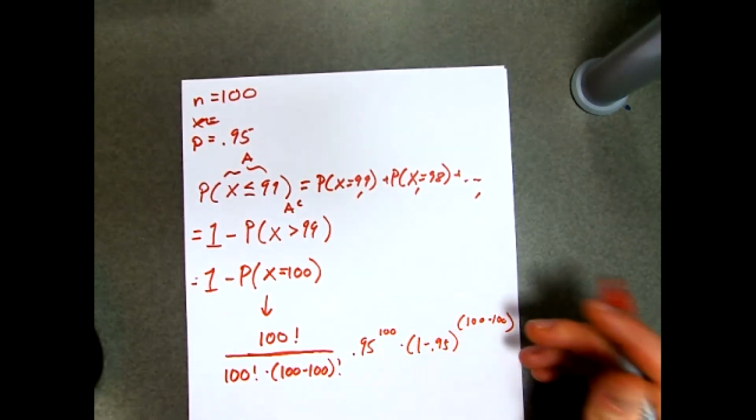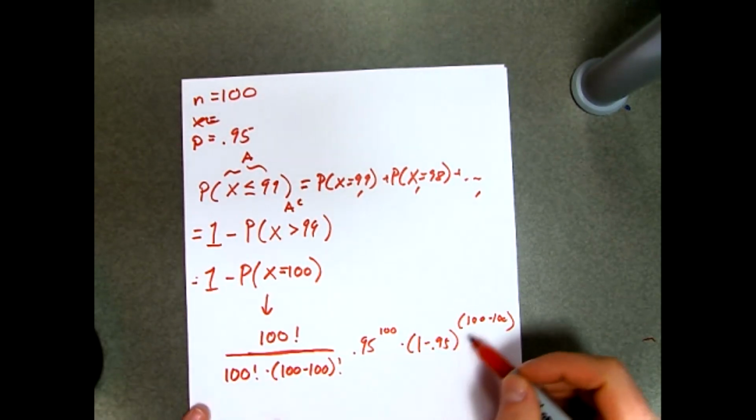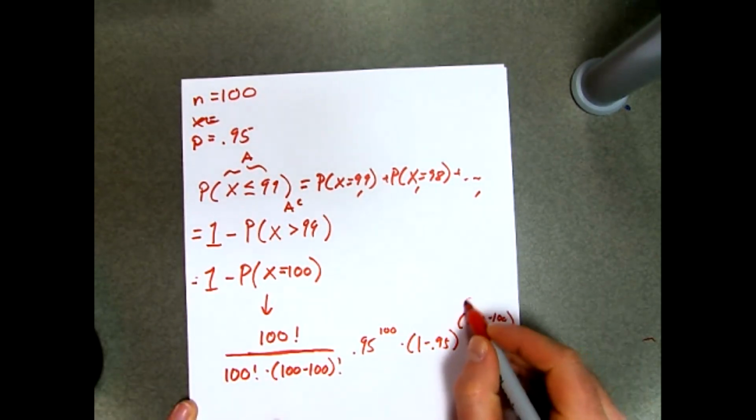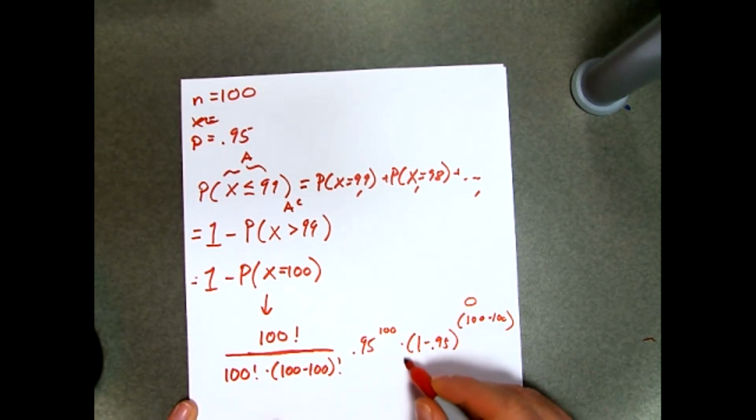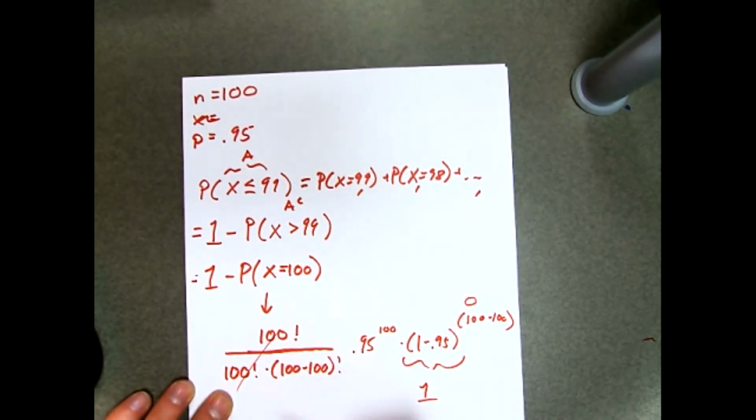Notice when I want the probability of the number of successes being exactly equal to my number of trials, so every trial is a success, 100 minus 100 is 0. Anything to the 0 power is always 1. Here, 100 factorial over 100 factorial cancels.